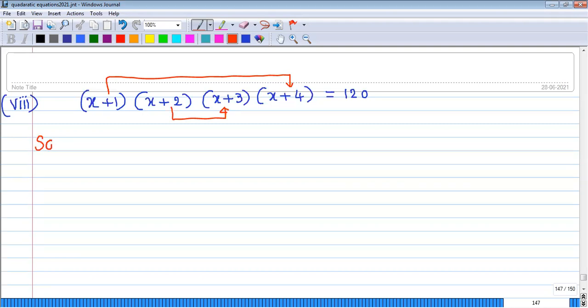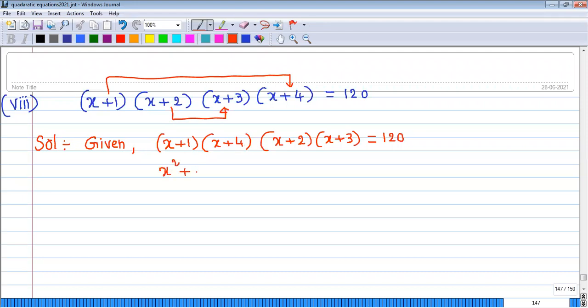That means the solution follows like this: (x+1)(x+4) times (x+2)(x+3) equals 120. Now if you find the products, we get x square plus 5x plus 4, and x square plus 5x plus 6, equal to 120.